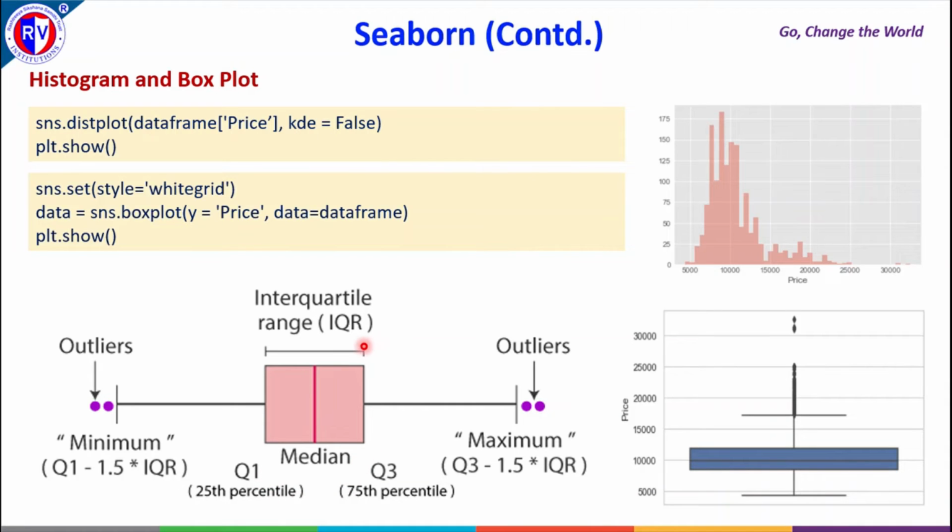And next we have one more line, which we call the 75th percentile or quartile 3. Here at the right we can see the box plot of the given data, which is nothing but the price data.